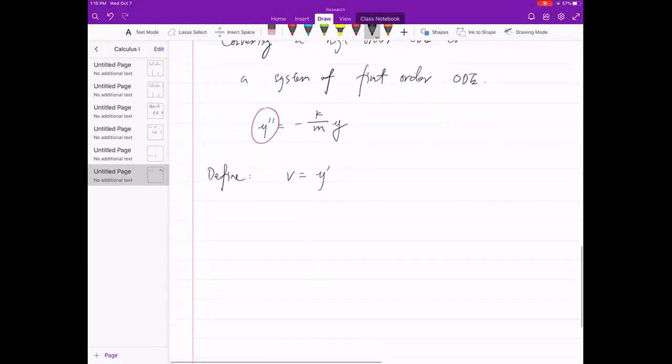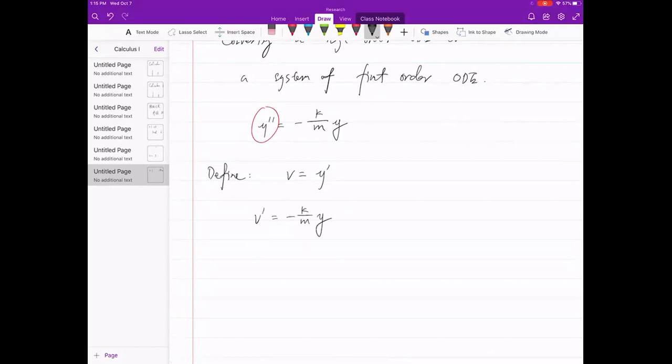Then beautifully, the whole thing becomes first order because y prime prime is nothing but v prime. So the second order changes to first order if you just define the previous order derivative to be a new variable. Sounds good?